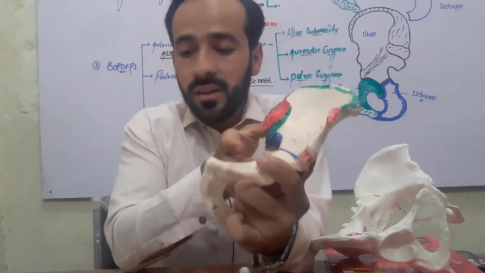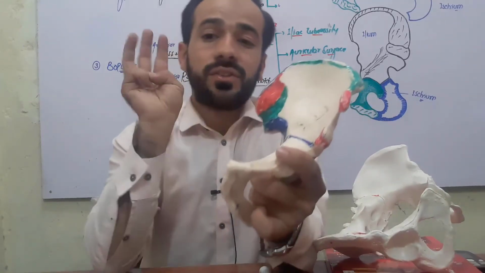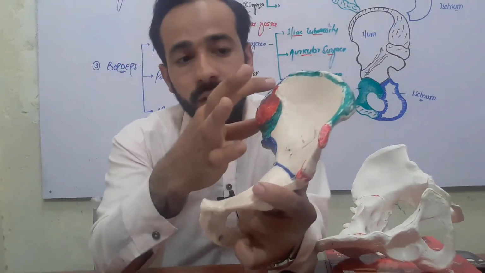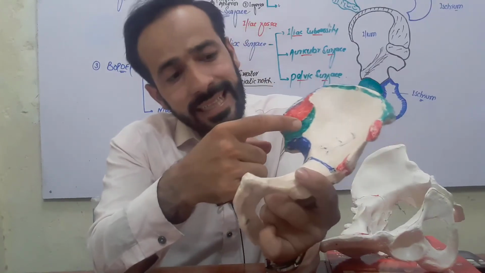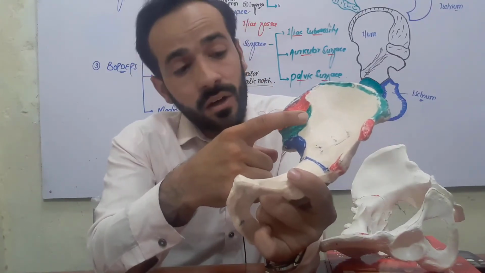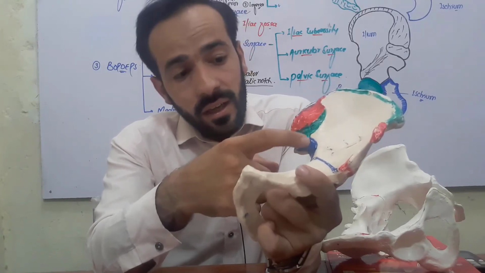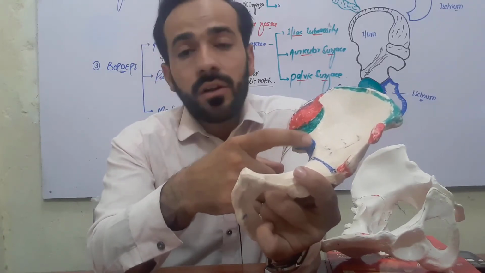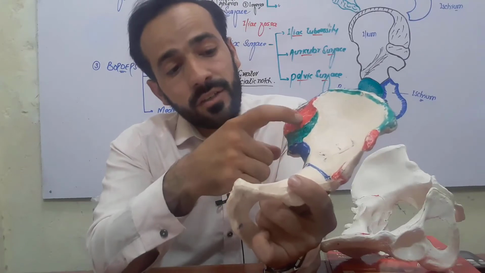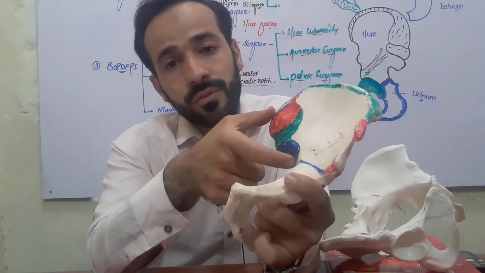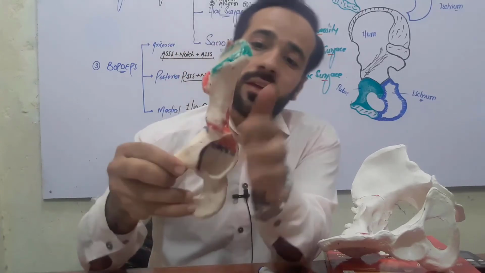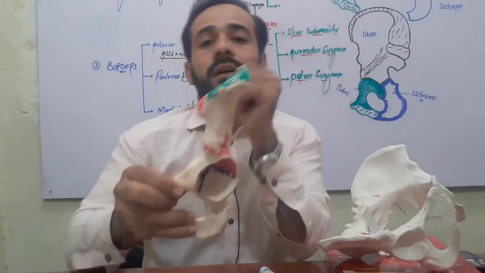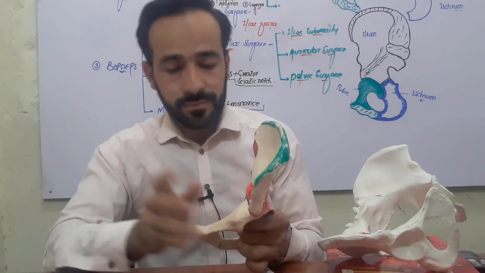So the sacropelvic surface is divided into 3 subparts: the iliac tuberosity with red color, the auricular surface there, and the pelvic surface there. These 3 parts are the parts of the sacropelvic surface. This is the iliac surface, and this is the gluteal surface, right?